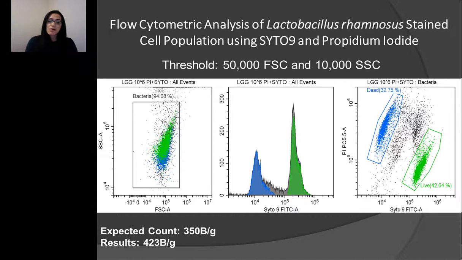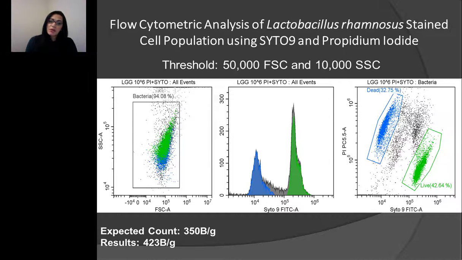This is just another example of Lactobacillus rhamnosus. These in particular I find very easy to work with, the rhamnosus. We did the same procedure, staining using Cyto 9 and PI, and the threshold and gain settings are exactly the same as I showed you at the beginning.